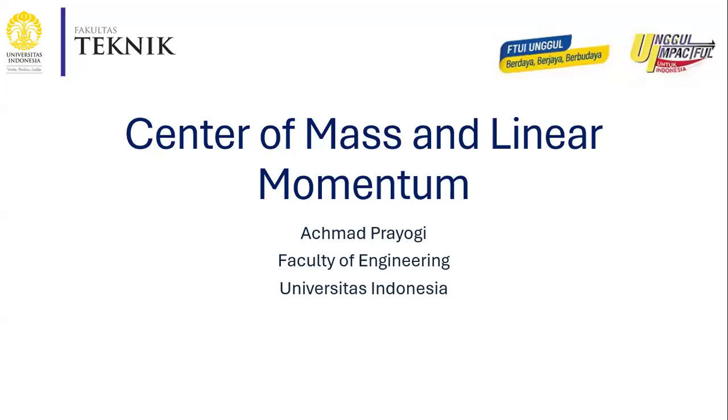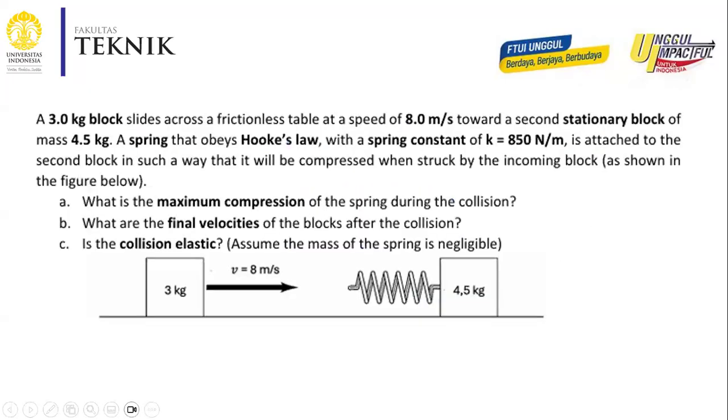Okay, I will give you some example problems about linear momentum. The first problem: a 3 kilogram block slides across a frictionless table at a speed of 8 meters per second toward a second stationary block. So this one is mass 1, 3 kilograms, and initial V1I is equal to 8 meters per second.